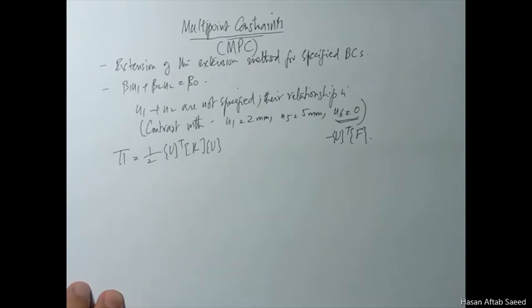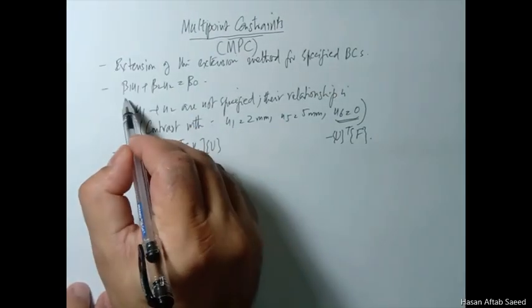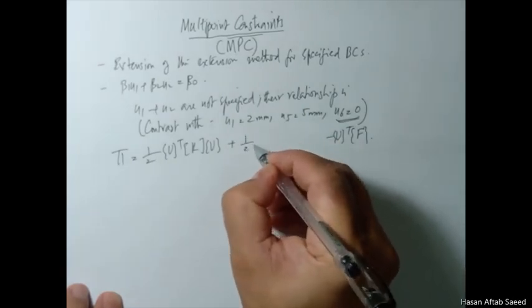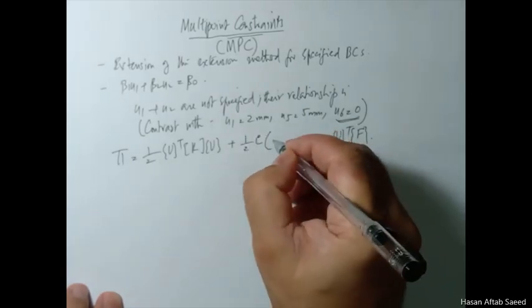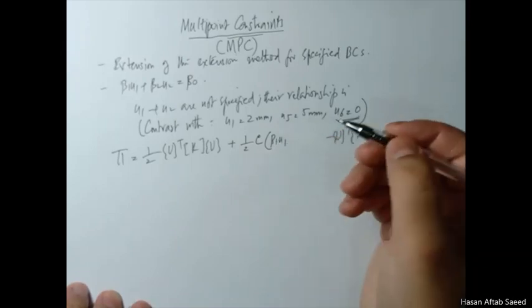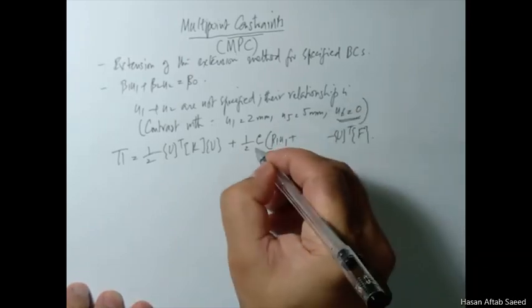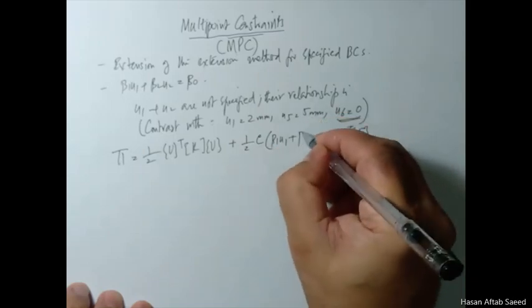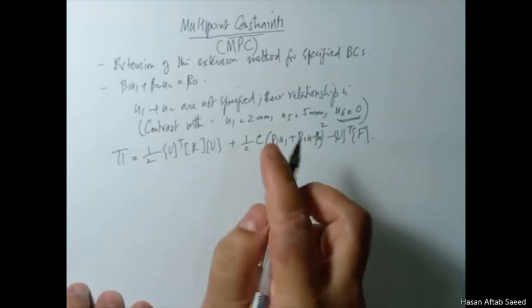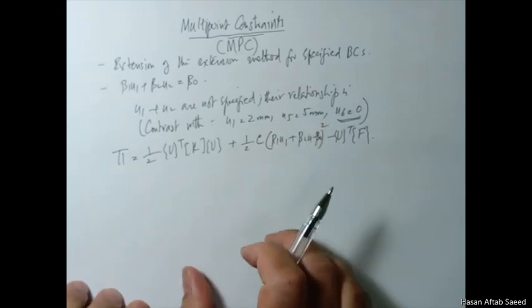Now, if a boundary condition like this is to be applied, then you need to add another term, and those who are familiar with the penalty approach know what this number c is. I'm going to repeat it again here, but you have to add this term here. I'll explain this term.